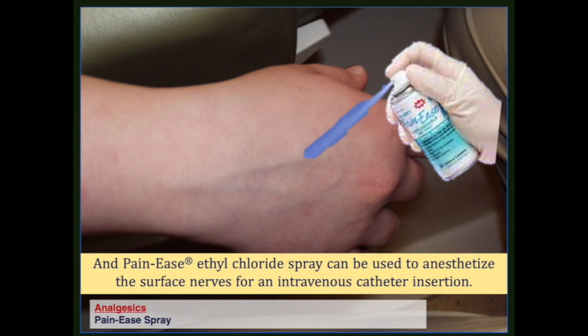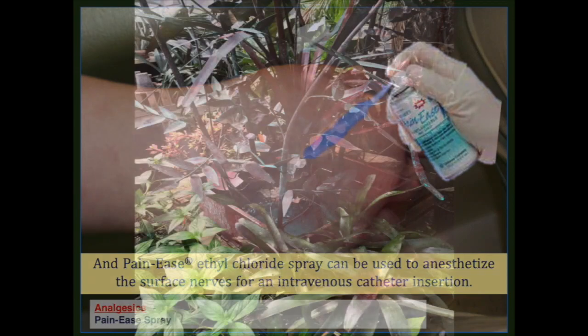It's a nice spray if you're starting IVs and you don't want to use subcutaneous lidocaine. This is what we use when we're teaching anesthesia IV inserts to students, and it's great for the patients, but you've got to get on getting the IV in, have everything ready so you can insert the catheter, hook it up, get the drip going, and then tape it down.